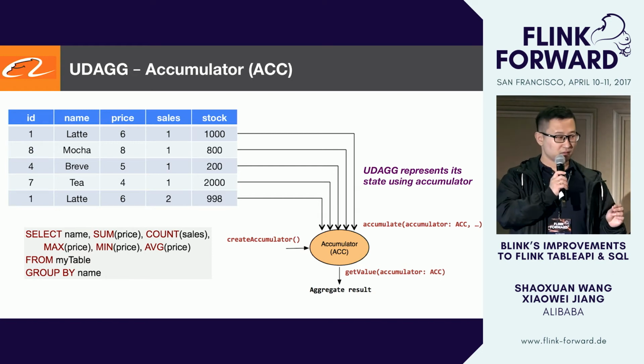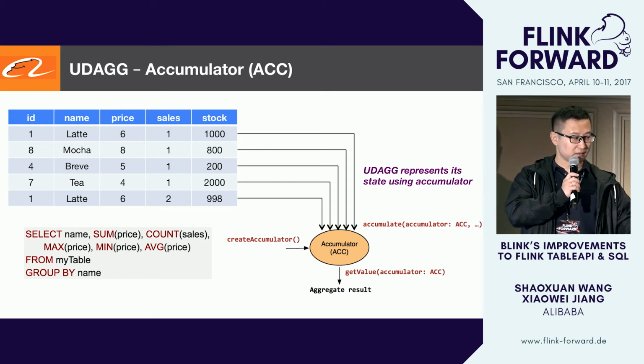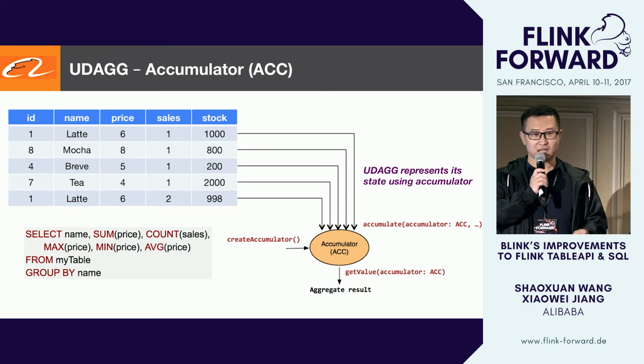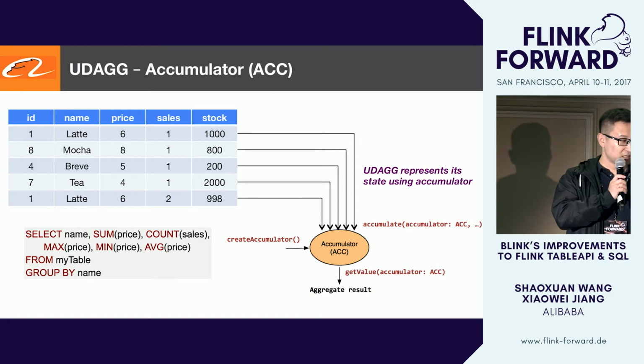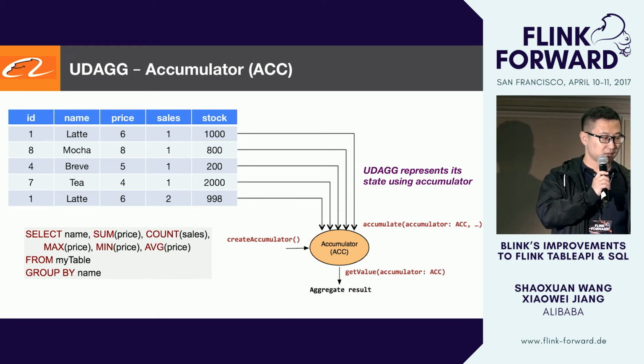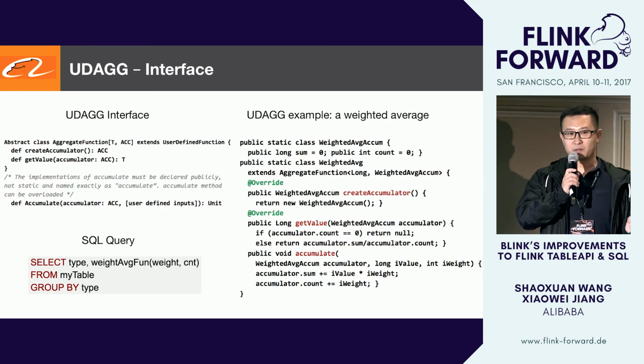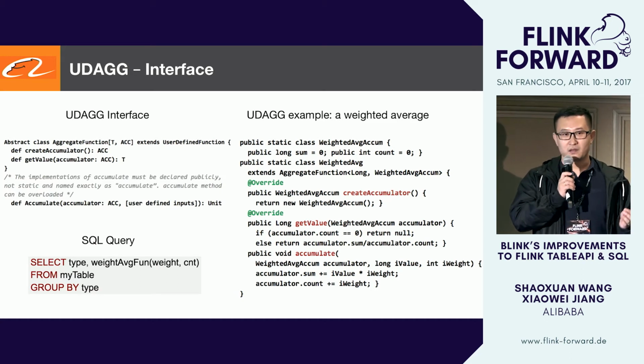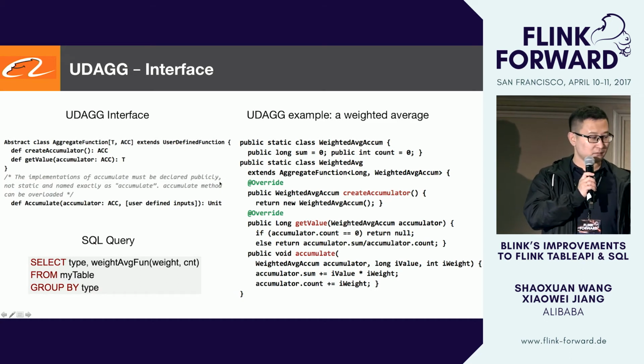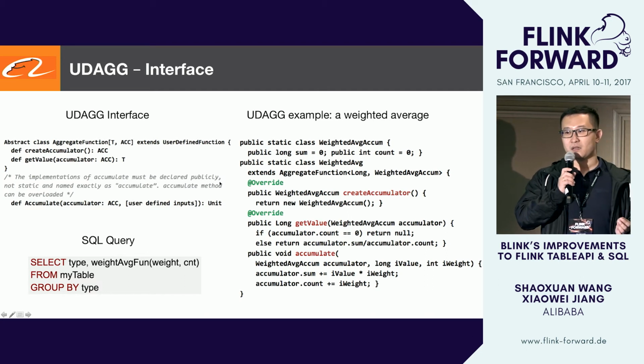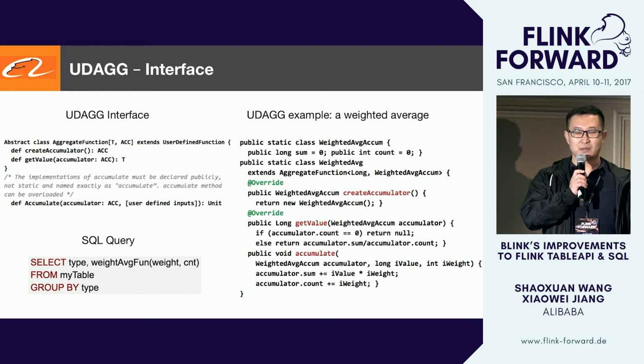For instance, we have this interface on the top left side. It has create accumulator, get value, and accumulate. The first two are in the interface because their input and output are defined and determined, while accumulate is provided by the user and can take dynamic input.